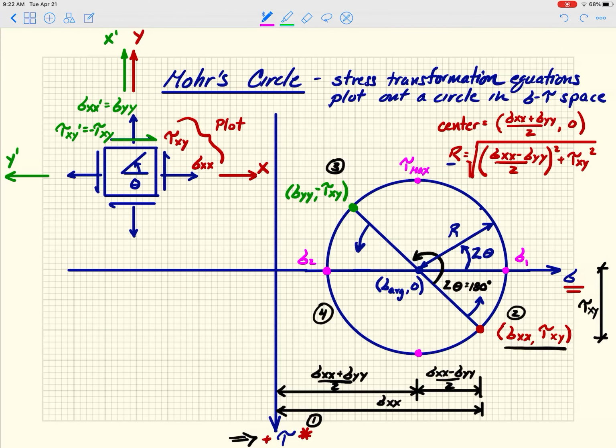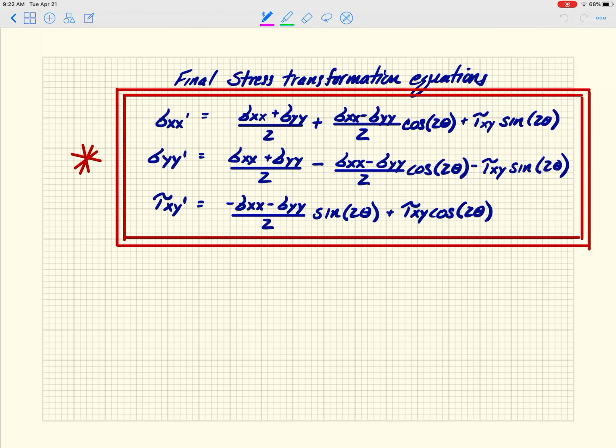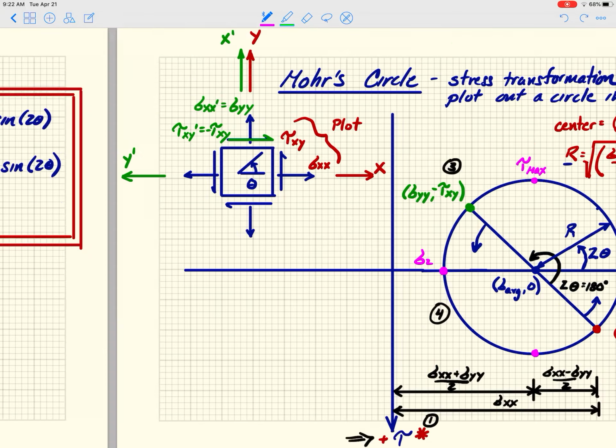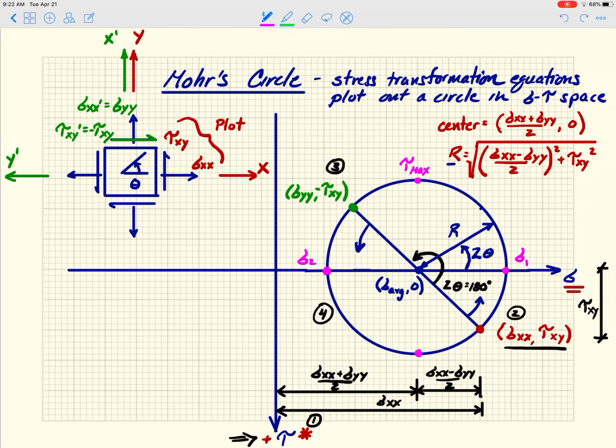Just quickly going through this again. We're starting by taking these stress transformation equations that are really confusing and probably very difficult to memorize and employ without a mistake. And Mohr has recognized that those plot out a circle in this sigma tau space. So it's not spatial dimensions, it's normal stress versus shear stress space.